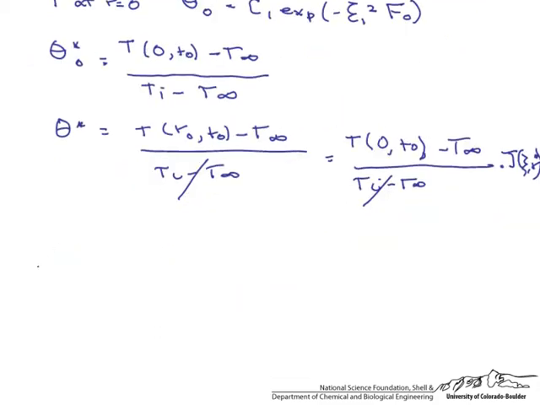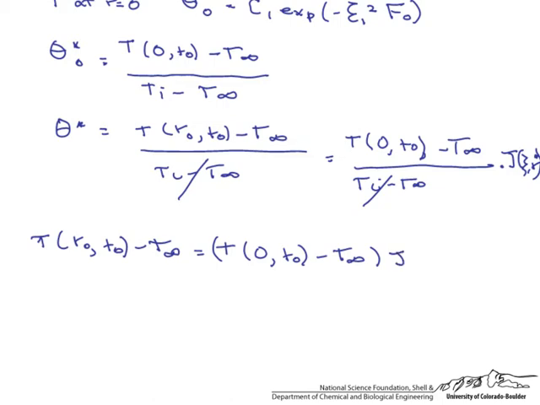And so what we have now is that T at r0, t0 minus T infinity equals T at 0, t0 minus T infinity, and this is multiplied by that Bessel function times the eigenvalue times r star.